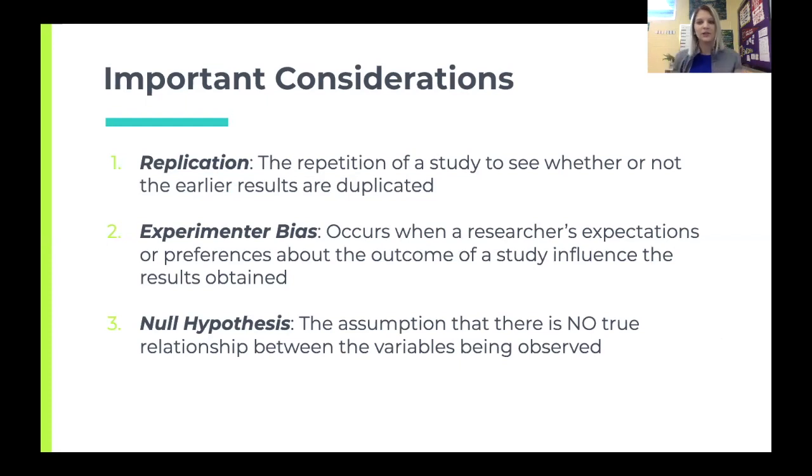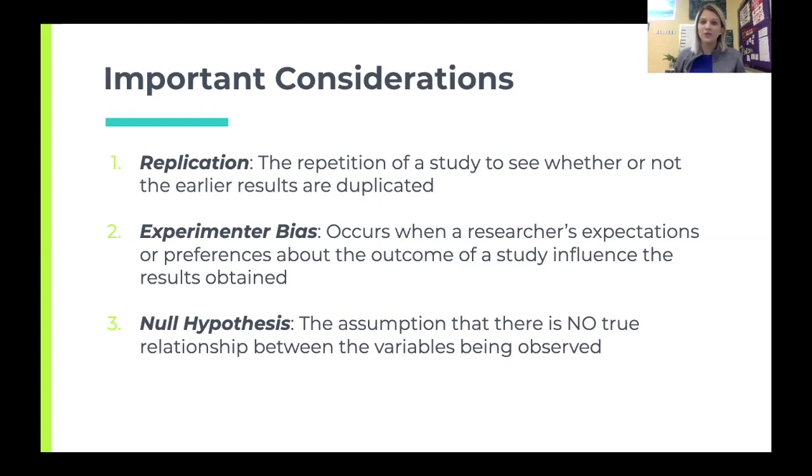So there needs to be clear directions and clear operational definitions in an experiment so that other researchers can do the experiment again to see if they yield the same results. And why would that be important? Did you say that it's because they might get different or similar results? If you did, you were right.